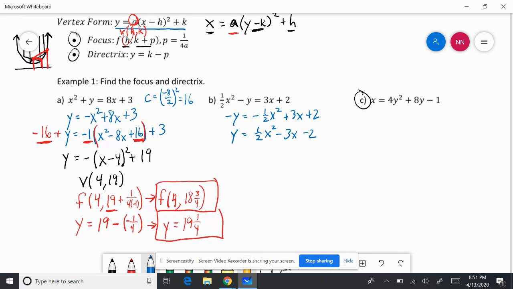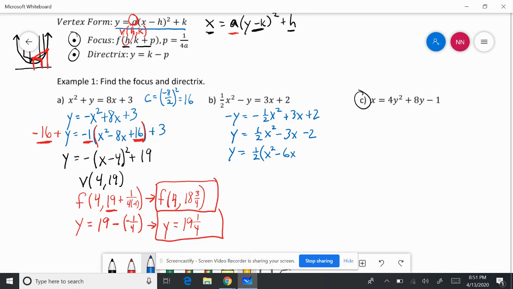The next thing that I'm going to do is factor out a half. This is a little tricky. Factoring is the same thing as dividing. So if I were to divide this by 1/2, I'm really multiplying it by 2.